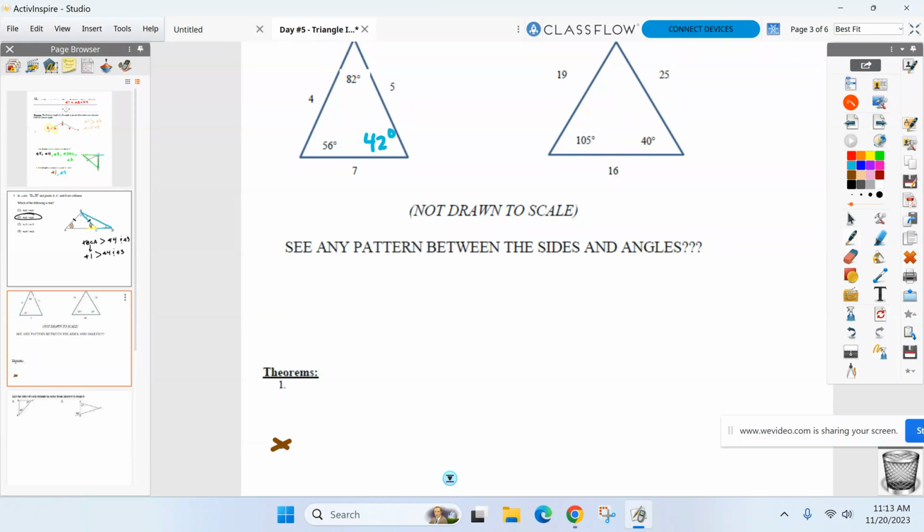So what do we have? 42 and what's the other one? 35.